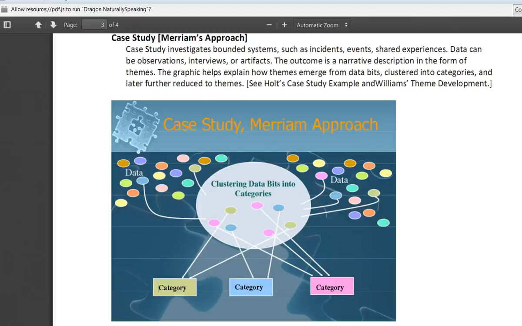Really, Sharon Merriam has the most accessible approach in my view. Basically, if we were to talk about Merriam's analysis approach, in case study we are able to use lots of different types of data.